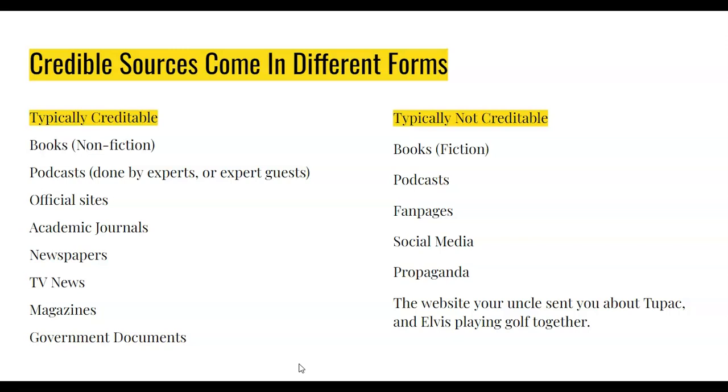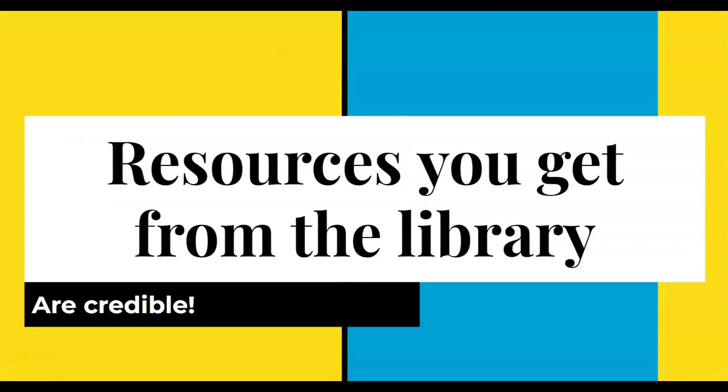Not credible sources tend to be fiction books, podcasts done by fans, fan pages, social media, propaganda, and of course the old famous website that your uncle sent you about Tupac and Elvis playing golf together. Not a credible source. This rule is not hard and fast, set 100% all of the time.